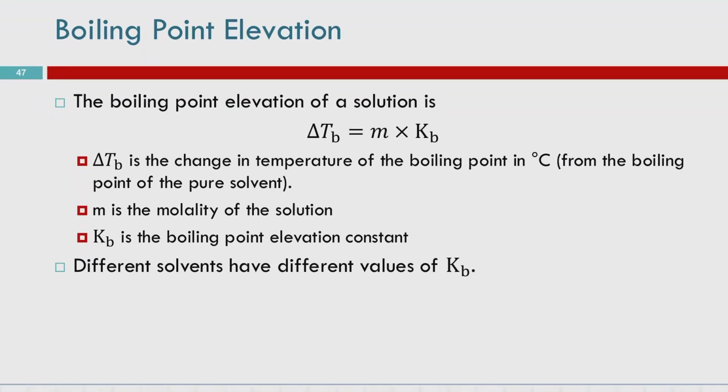Here's our déjà vu. We just saw this slide a couple slides ago. We just changed it from freezing point depression to boiling point elevation, and we just swapped out our F's with B's. It's the same equation.